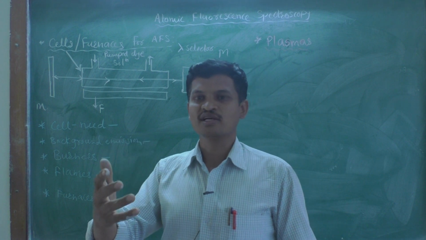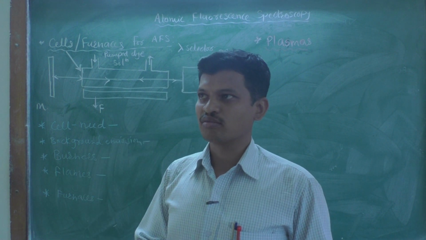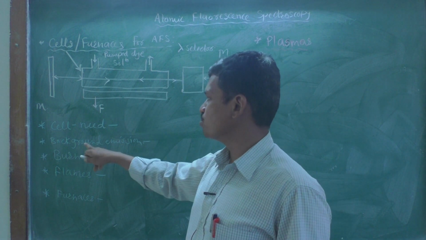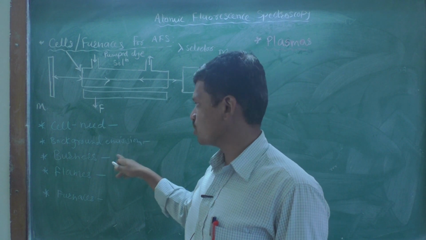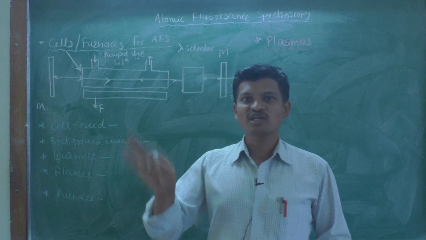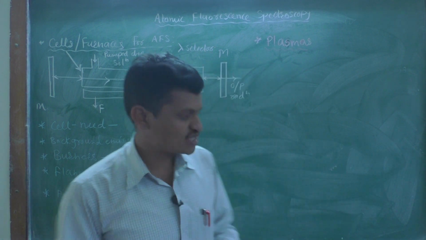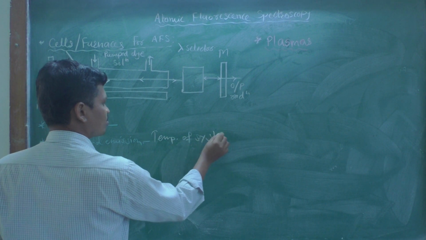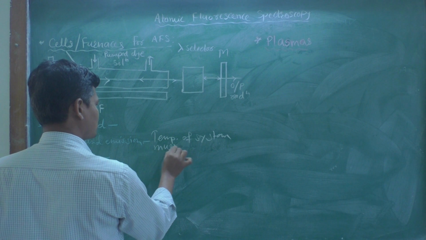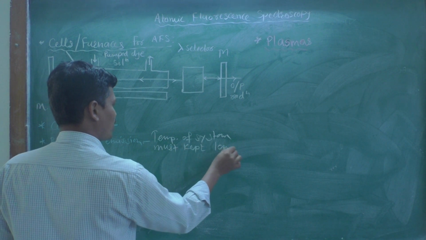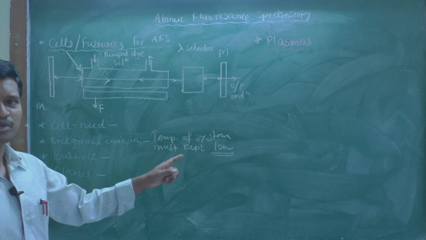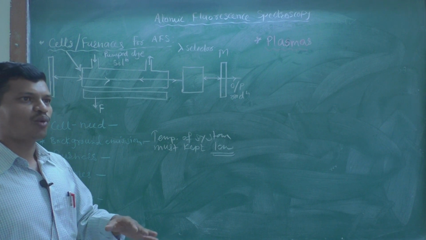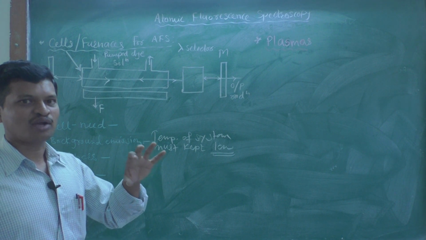This may give wrong results and wrong analysis. To avoid this background emission, the temperature of the whole system must be kept as low as possible. This is the minimum condition, but it should not be too low, as we require excitation at an optimum temperature.